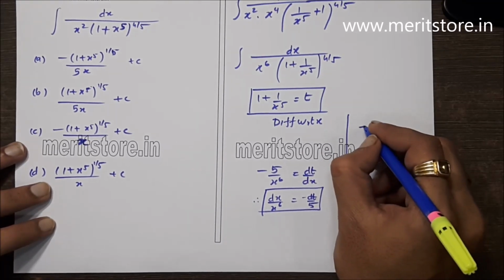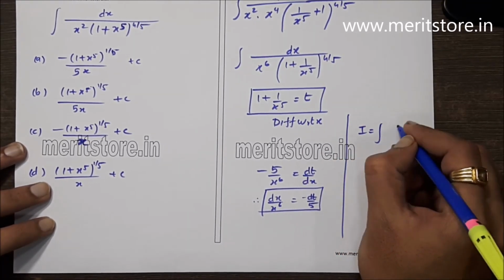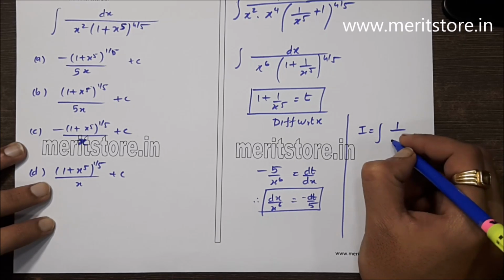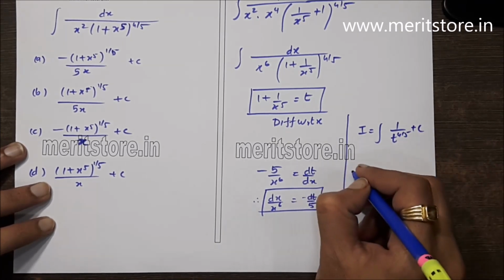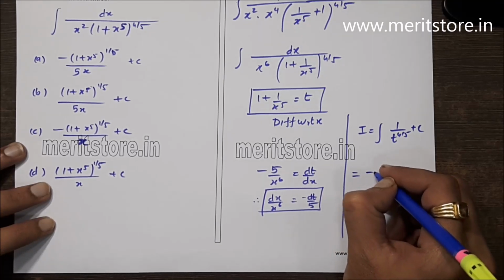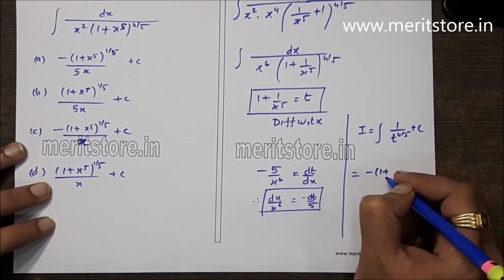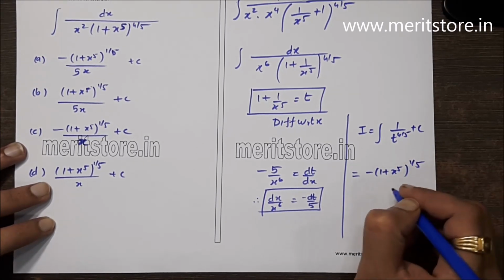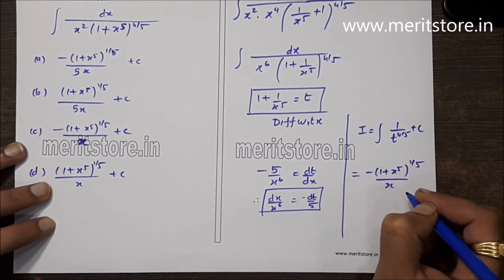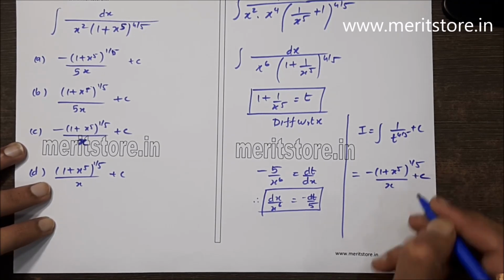Our integral will convert to integral of 1 upon t raised to 4 by 5. After completing the integral, our final answer would be minus 1 plus x raised to 5 raised to 1 upon 5 upon x plus c.